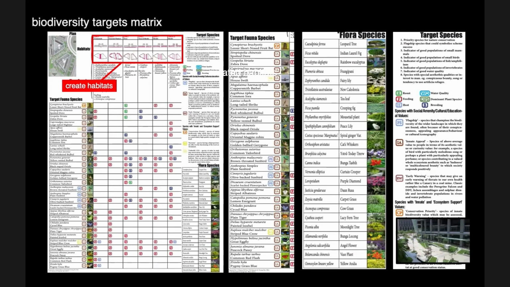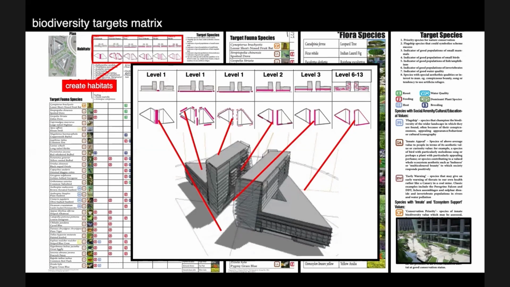So what we do is we do research on the site on the species that human beings have removed from the site, because when we were given the site, it was just brown earth. So we need to see what form of species we want to bring back into the site. But before we do that, we had to create habitats within the built environment. And these are the different habitats in different parts of this project.